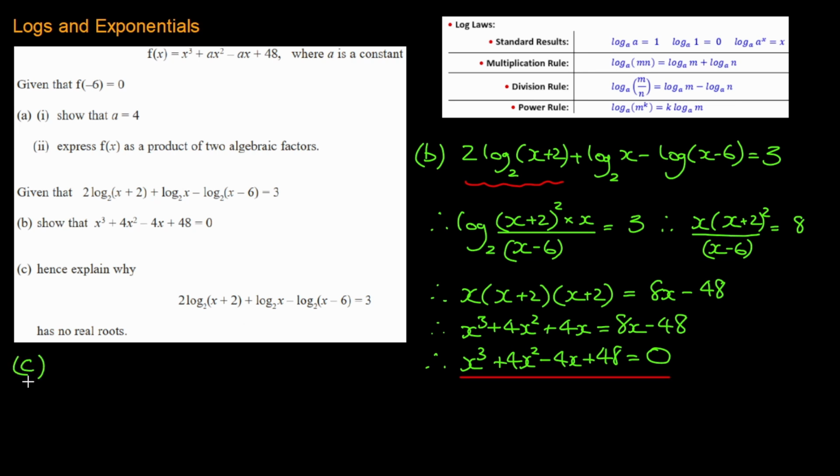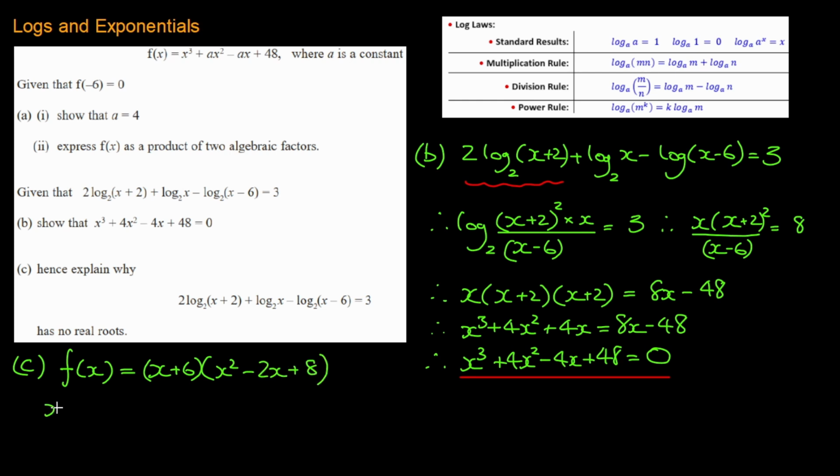Now this question about roots. Well, from the previous question, we know that f(x), when we split out that factor of x plus 6, is equal to x plus 6 multiplied by the quadratic we got, which was x squared minus 2x plus 8.